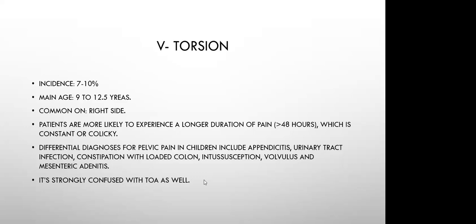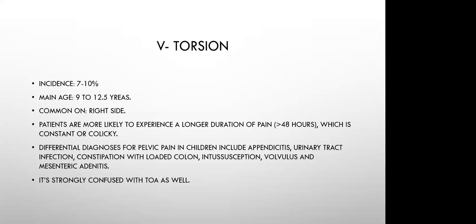Oophorectomy, sir, or surgical? Sir, kindly repeat why it is common on the right side. Because the left side, the left iliac fossa, is occupied by the sigmoid colon. So the range of torsion on the left side is definitely less than the wide spaced right side.